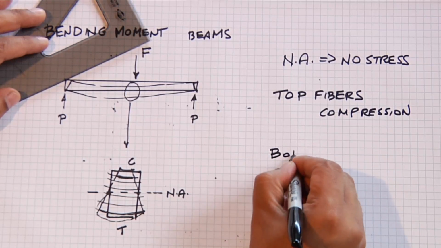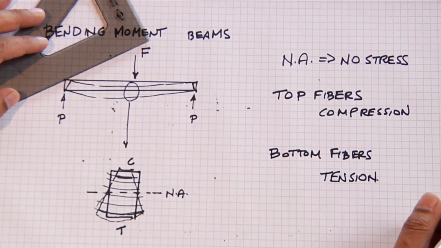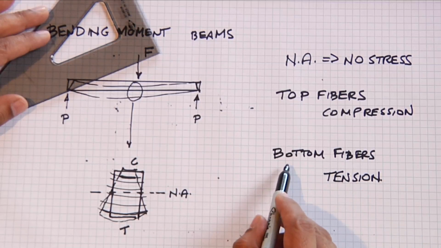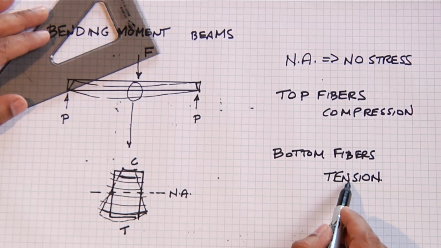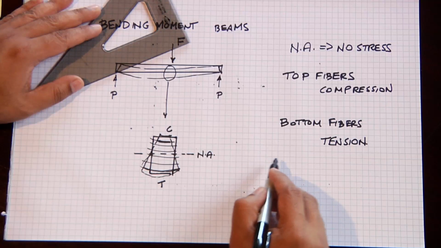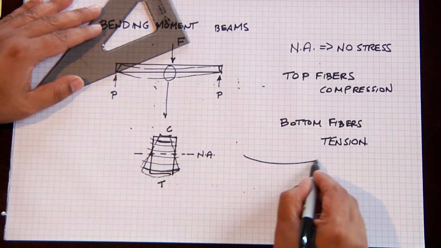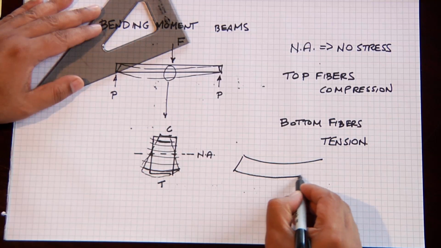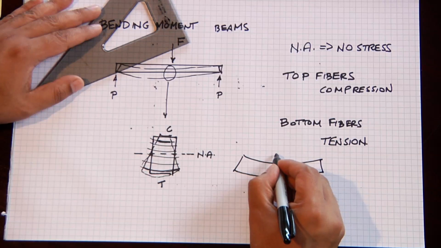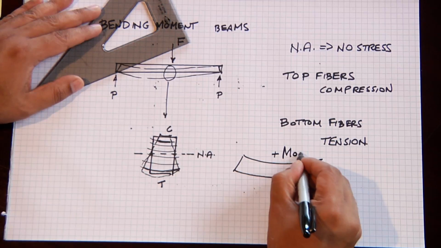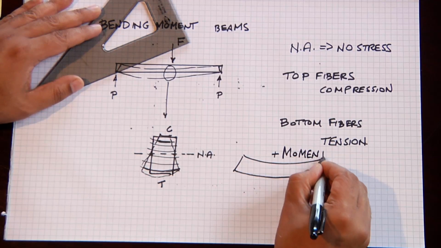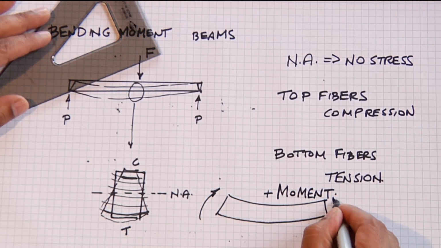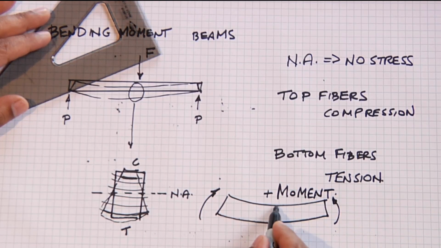On the bottom fibers, we have tension. This is the standard performance of a beam under what's called positive bending moment, which occurs with the top being in compression and the bottom being in tension.